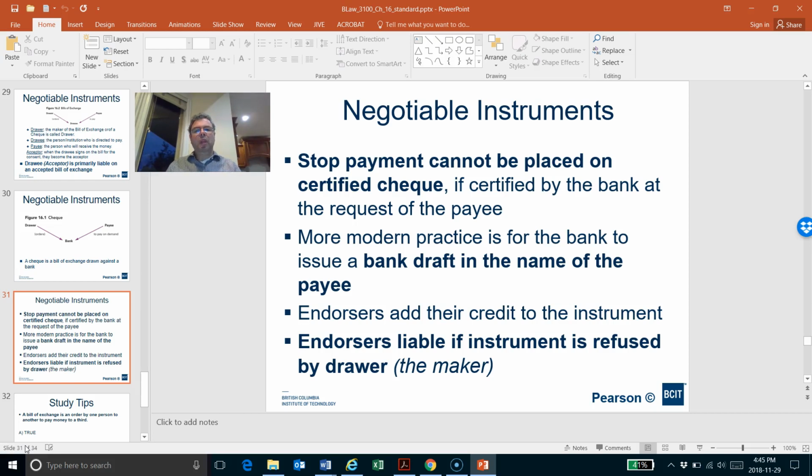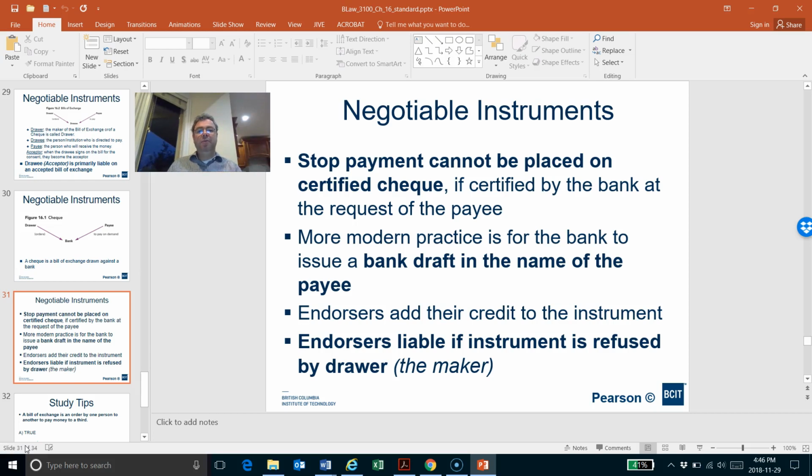So the payee will get the money. And actually it's more common nowadays to use a bank draft. A bank draft is when I go to the bank and I ask for a bank draft to pay to the order of someone I owe money. So let's say I have to pay money to the government of Canada for my immigration issues.